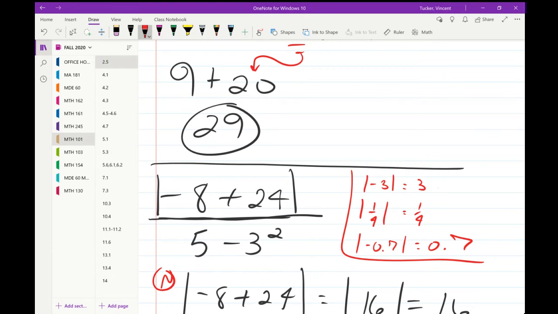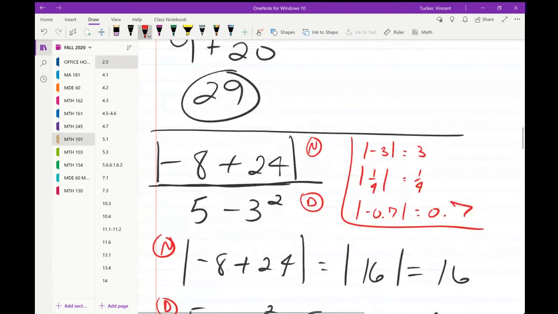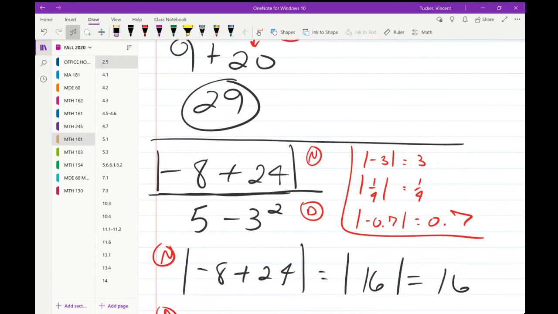So what I'm going to do here is simplify as much as I can with the numerator individually, then simplify as much as I can with the denominator individually. Then we'll bring them together and simplify. So when I look at that numerator, absolute value of negative 8 plus 24, negative 8 plus 24 is 16, and then the absolute value of 16 is 16.